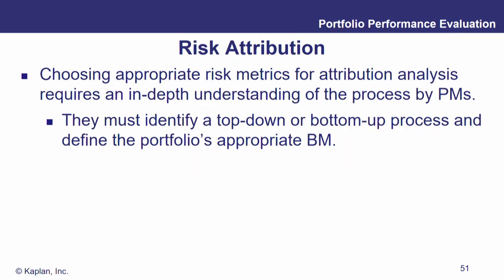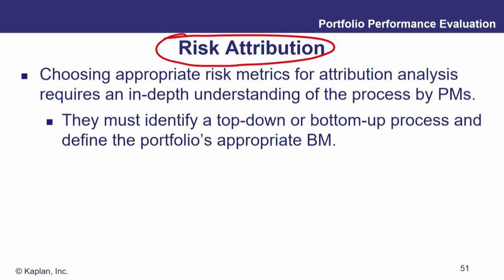Okay, so now we've talked about return attribution. Well, let's talk a little bit about risk attribution, because remember, risk and return are two sides of the coin. So choosing the appropriate risk metric attribution analysis, it's going to require an in-depth understanding of the process by the portfolio managers.